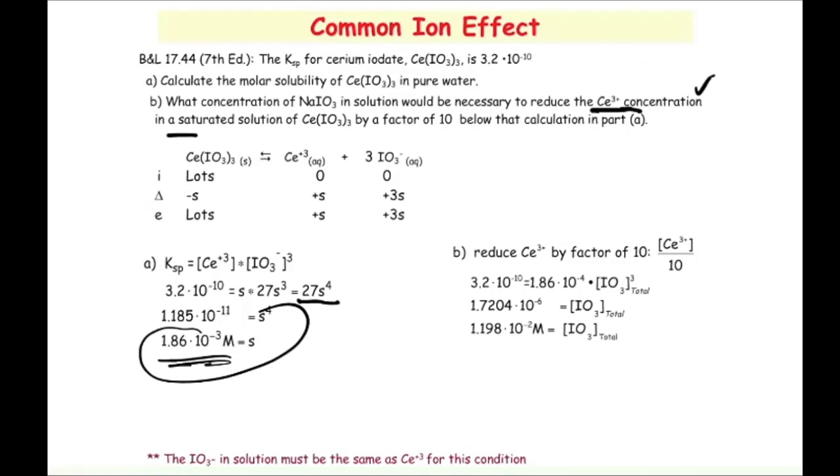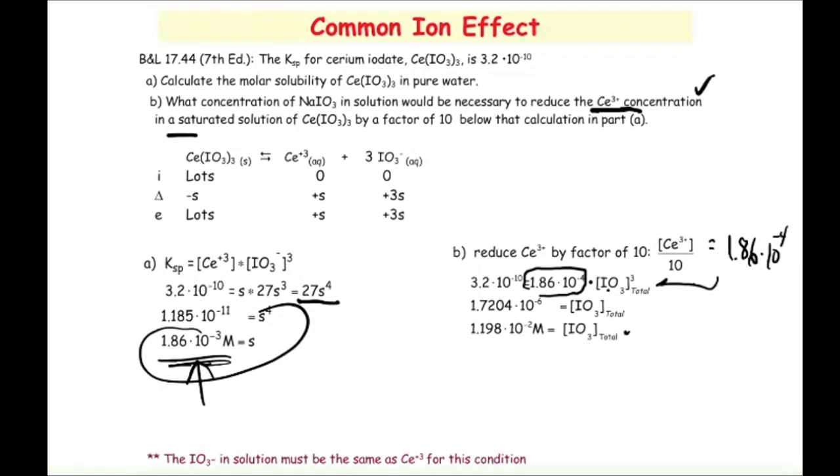That happens to be our cerium, which is 1.86 times 10 to the minus 4, a factor of 10 less than that. Now we can plug this new value into our mass action expression, and we can calculate the iodate concentration, because that's the amount of sodium iodate we would need.